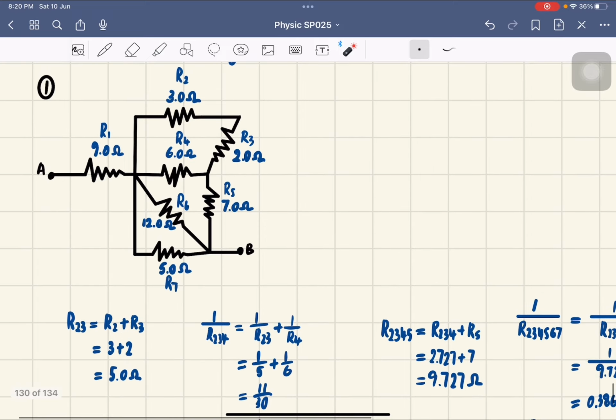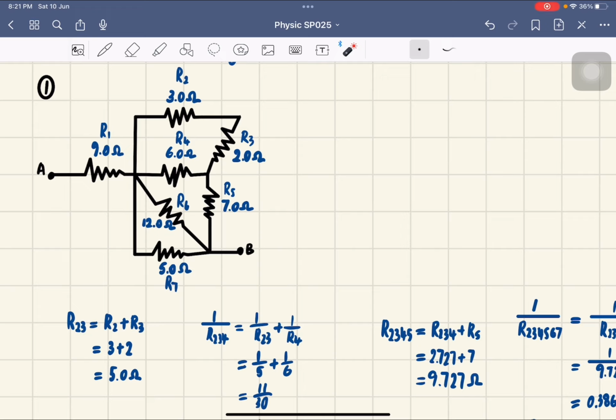Then, since the current passing through 2, 3 and 4 is in parallel, see the first flow, the current through resistors 2 and 3 is the same, then the current flowing through resistor 4 is different. If different, it means they are arranged in parallel.